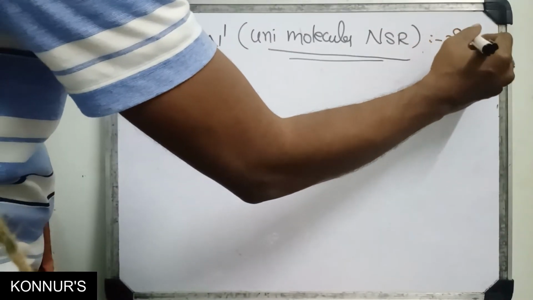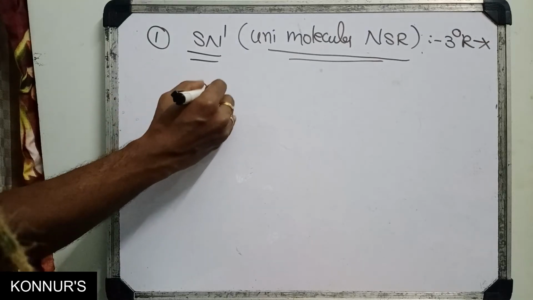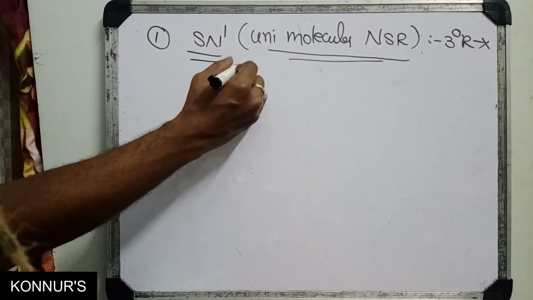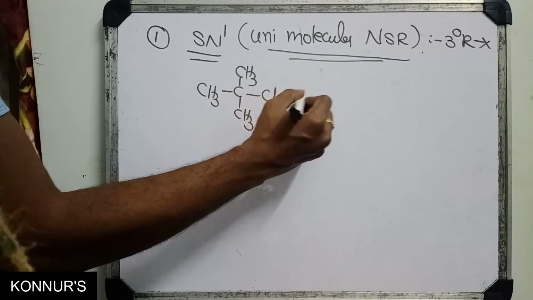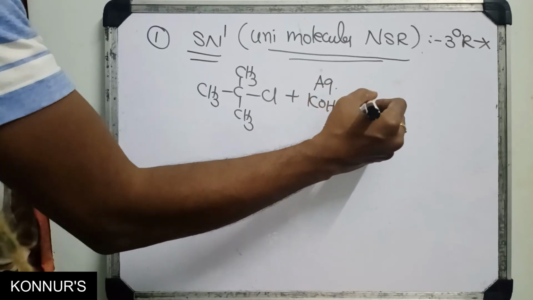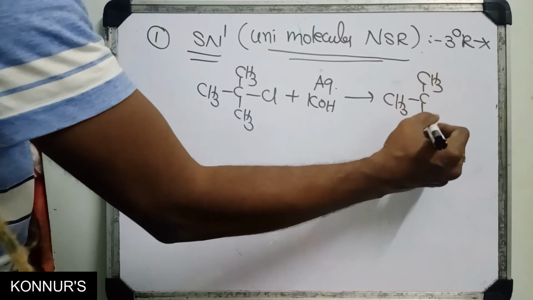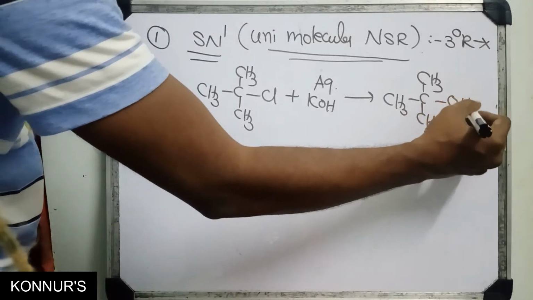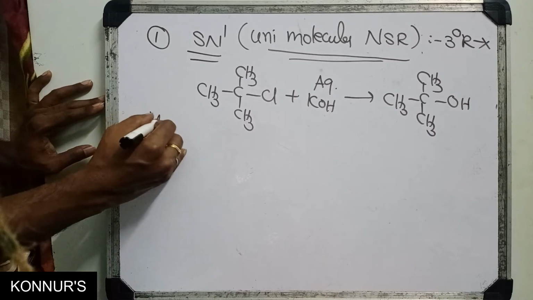Suppose you see (CH3)3CCl reacting with aqueous KOH. You get (CH3)3COH. This is the mechanism, which we will now see.